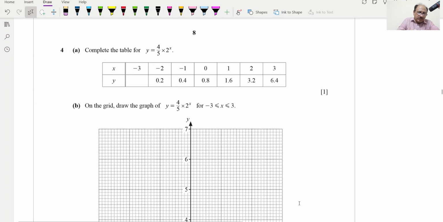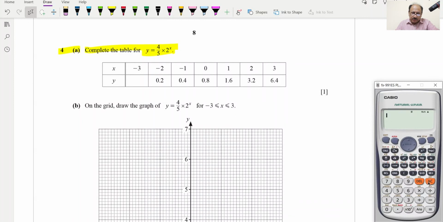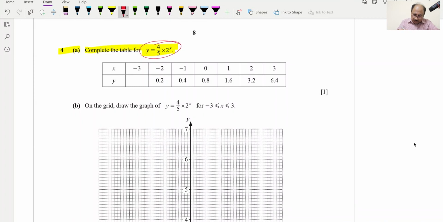Question number 4. Question number 4 says A part, complete the table, y is equal to this one. For this one we can use calculator to find this. 4 over 5, we will be typing this one in the calculator.